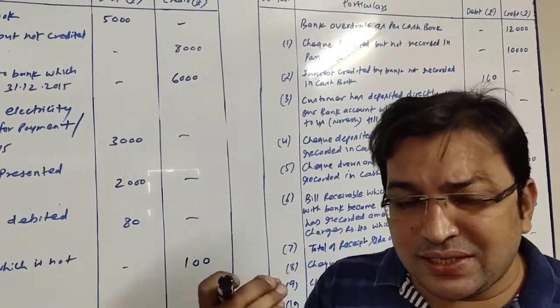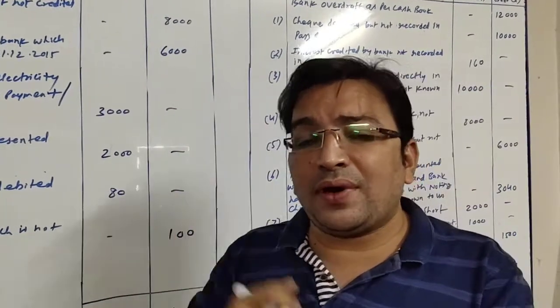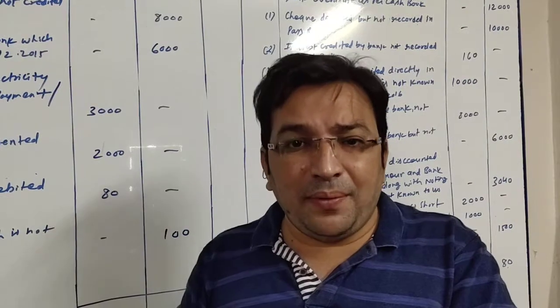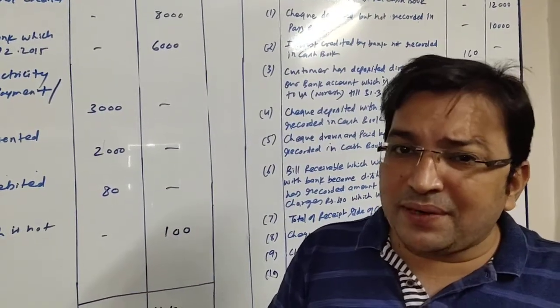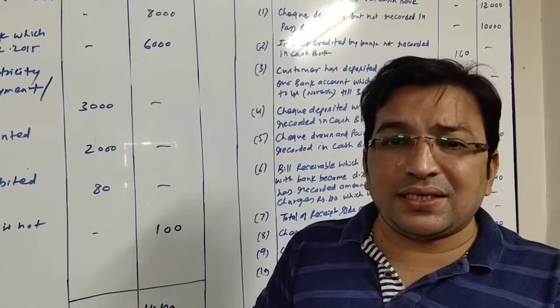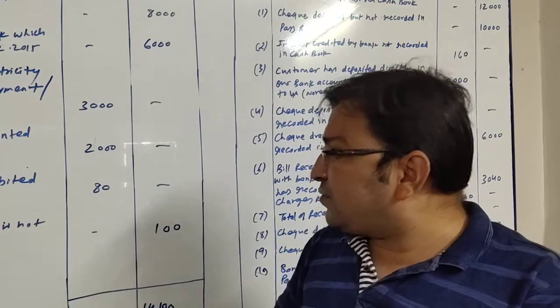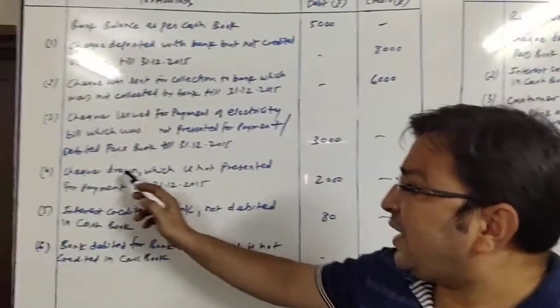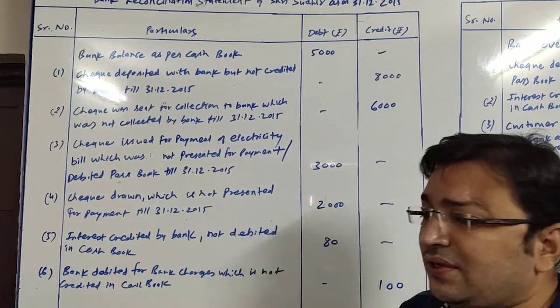Obviously whenever a check is issued, it is credited in our cash book. When it comes to bank for payment, bank will be debiting this much amount. Now it has not yet been debited in passbook, so in our bank reconciliation statement we will be debiting this amount. Amount is rupees 2000. So here it is, check drawn which is not presented for payment till 31/12/2015, rupees 2000.